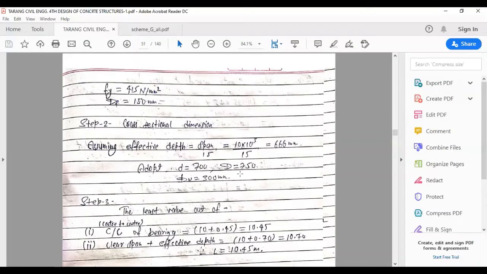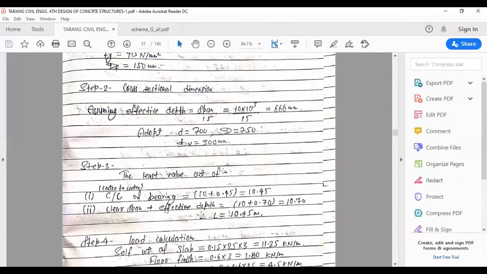Now step 3. We have to find the least value out of center to center of bearing or clear span plus effective depth.